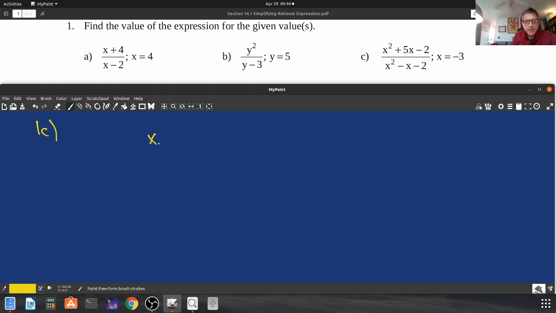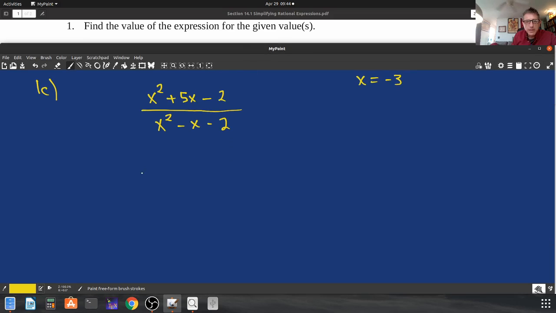We have a degree 2 polynomial in our numerator and a degree 2 polynomial in our denominator. And we want to know its value when x is equal to minus 3. So again, what we do is literally I take x. Now x is the base, so minus 3 is going to be my base.